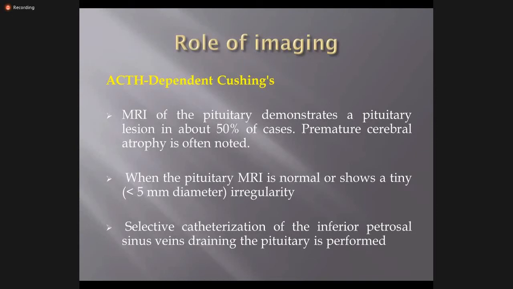When the pituitary MRI is normal or shows a tiny irregularity less than 5 millimeter in diameter, that is a suspicion, not a clear diagnosis. Then selective catheterization of the inferior petrosal sinus, the venous sinus draining the pituitary, is done and the level of the hormone is checked.